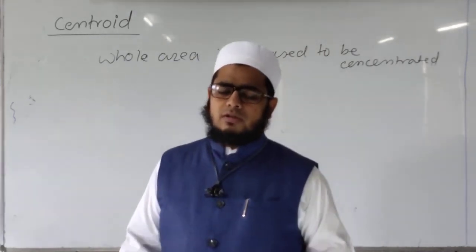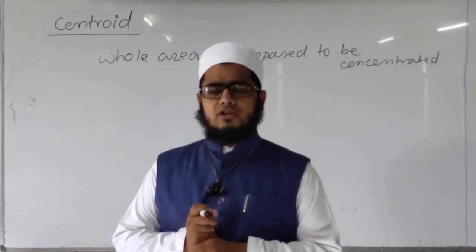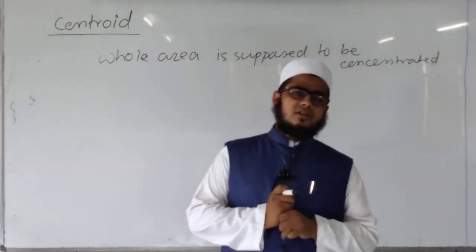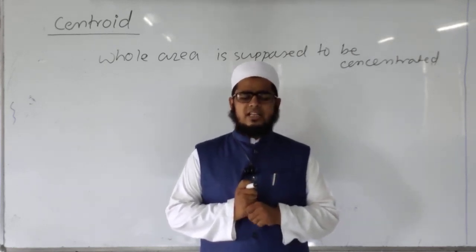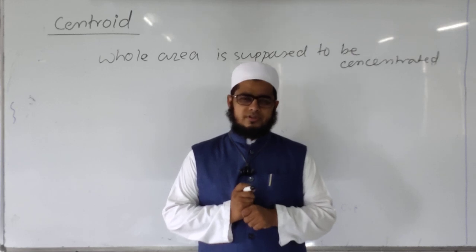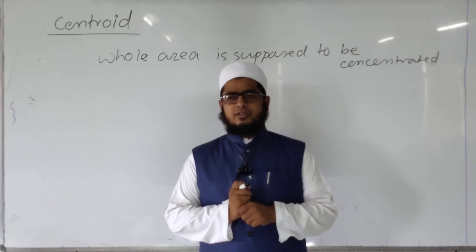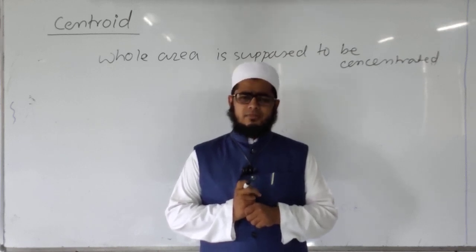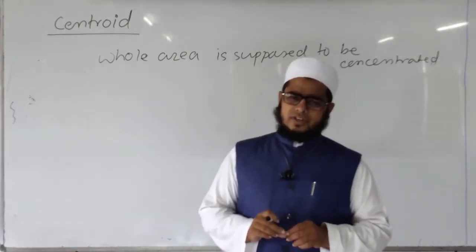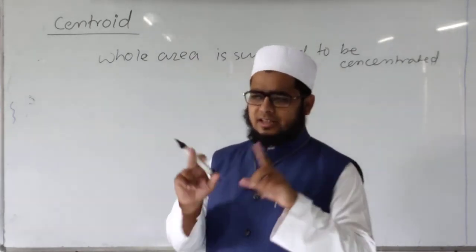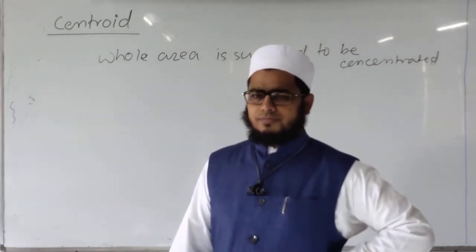This term centroid will be applicable to all two-dimensional figures, or the objects in which one dimension is very small as compared to the other two dimensions. Length and width are considerable, but as compared to them, if the thickness is very small, then we have to consider only length and width, and that object will come under the category of two-dimensional figures.